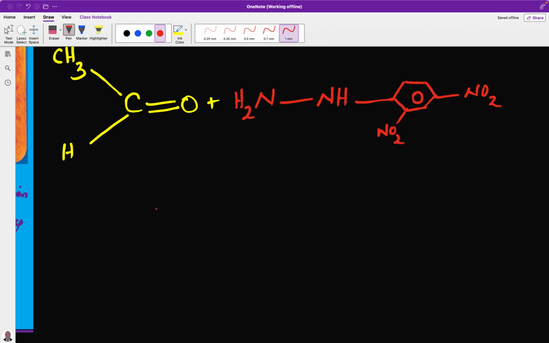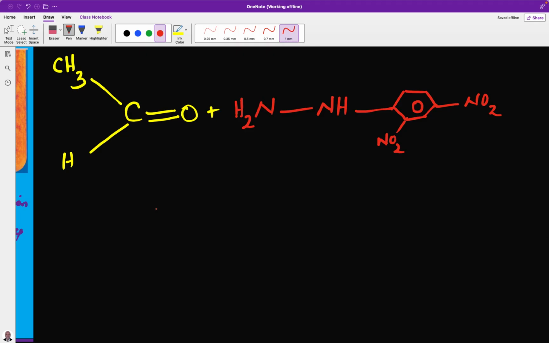This is the reaction that is taking place when ethanol reacts with 2,4-dinitrophenylhydrazine.